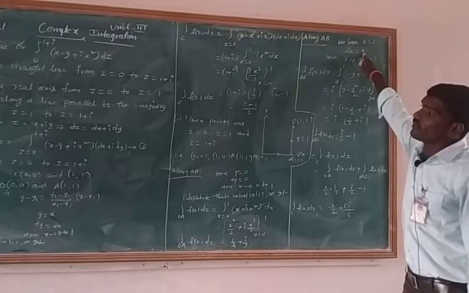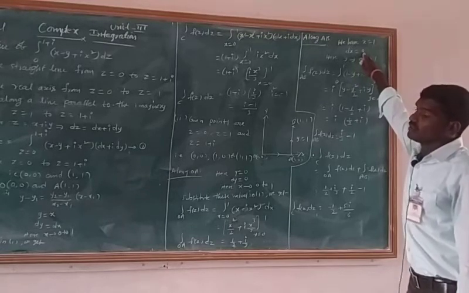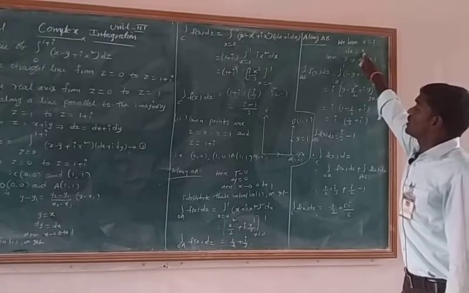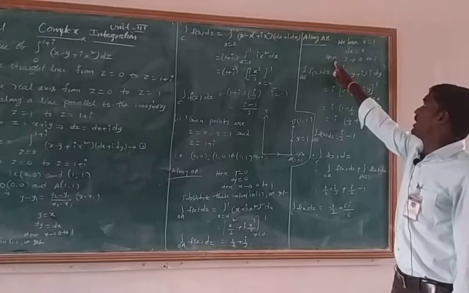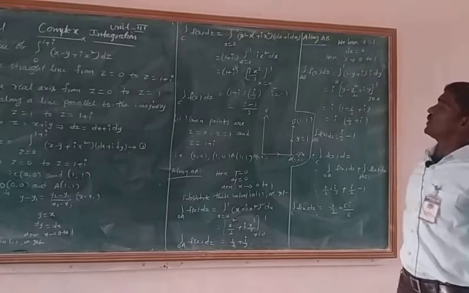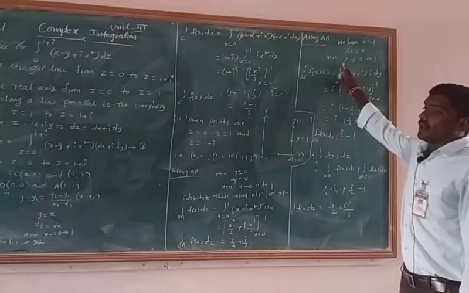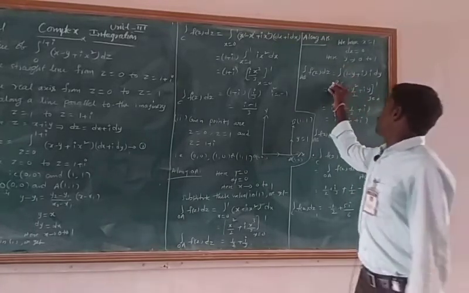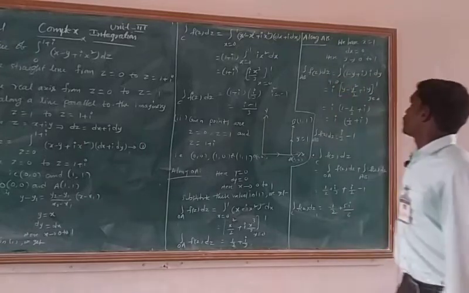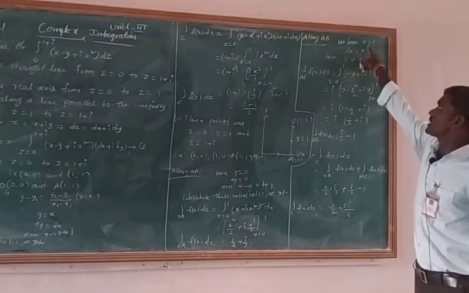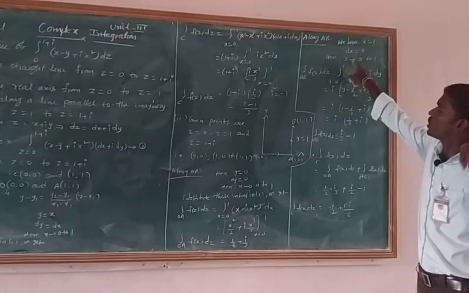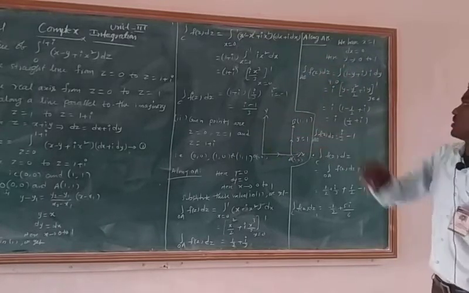That means we have to convert the integral in terms of y only, so I consider the limits y varies from 0 to 1. Therefore, along AB, the integral of f(z) dz equals the integral with y from 0 to 1, substituting x equals 1, dx equals 0 in equation 1.